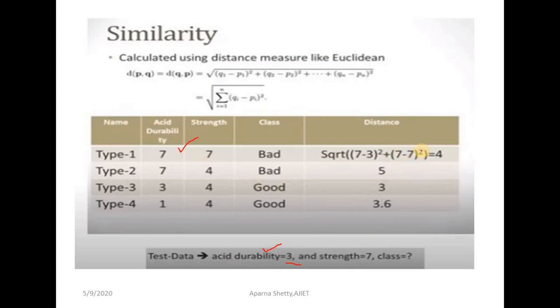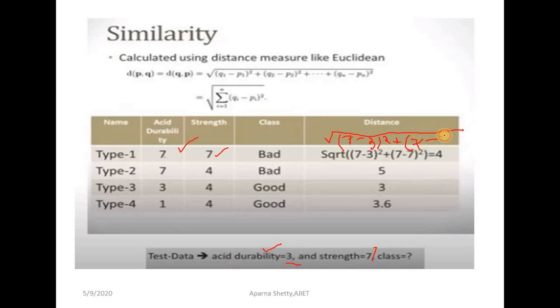7 minus 7 the whole square, okay? So 7 minus 3 is, it is like this: square root of 7 minus 3 the whole square, plus 7 minus 7 the whole square.